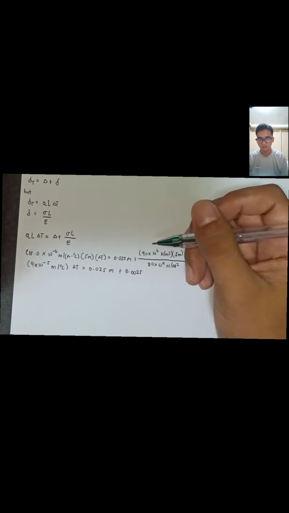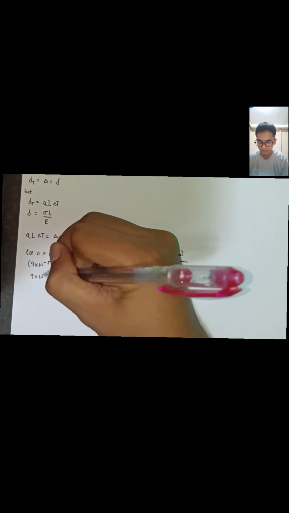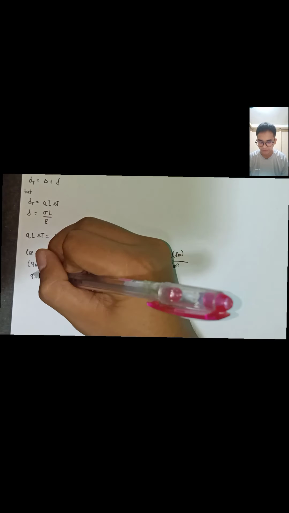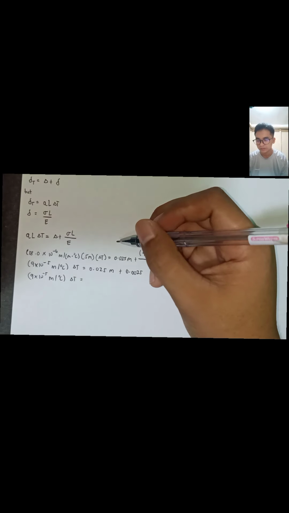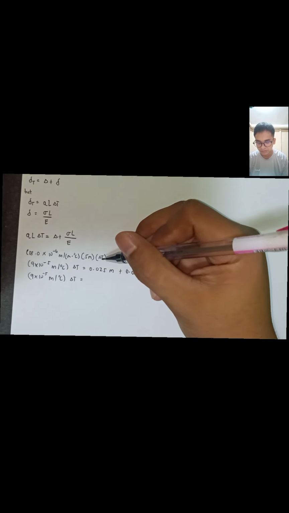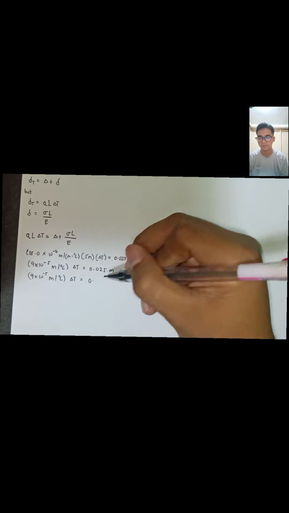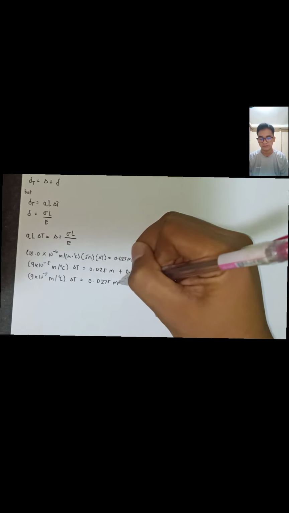Now, add na lang natin itong dalawang to since same lang naman yung unit nila. So, write down ulit natin itong 9 times 10 raised to negative 5 meter over degree Celsius. Change in temperature is equals to 0.0275 meter. So, since same lang naman tong problem, same lang yung unit, so pwede natin siyang i-add. Pero kung magkaiba yan, so bawal.